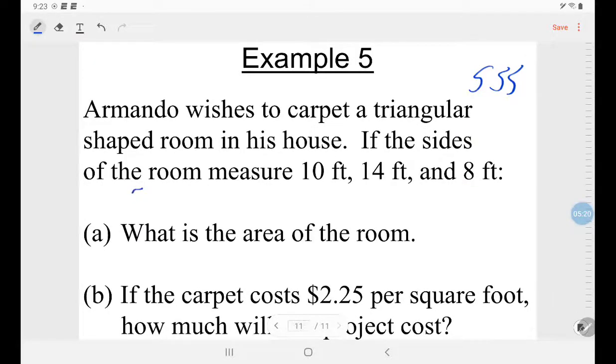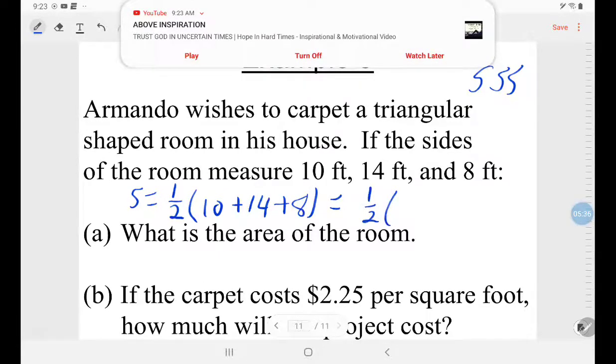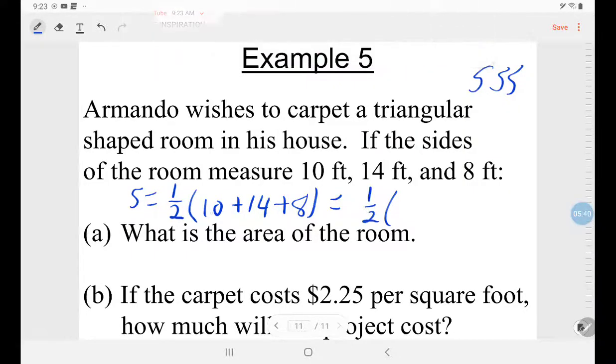So first, we find the semi-perimeter. I'm going to take half of the 10, the 14, and the 8, all added together, which is half of, let me see, 10 and 14 is 24, plus 8 is 32. That makes 16.